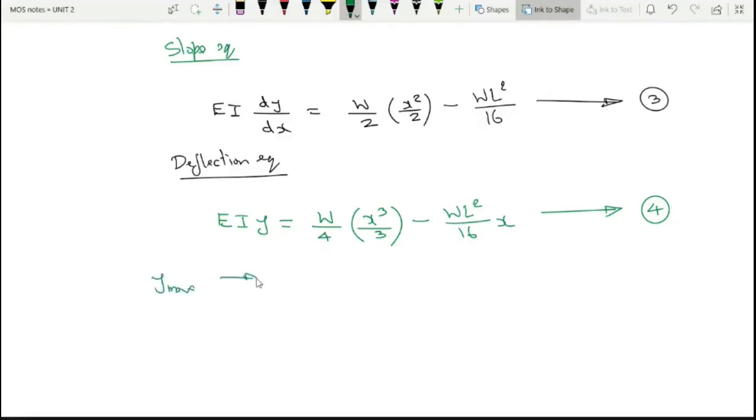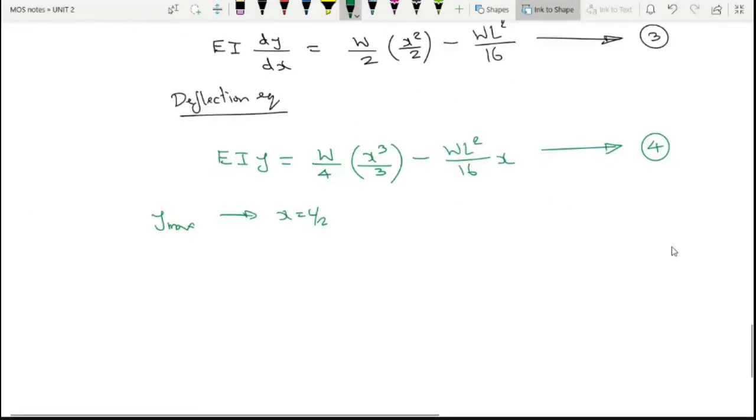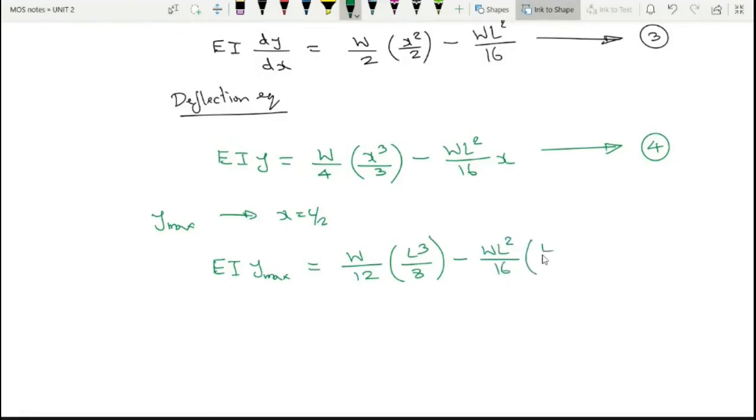Now, similarly, if I want maximum deflection, I get maximum deflection when x is equal to L by 2. Substitute in equation 4, you will get EI y max is equal to W by 12 into L by 2 the whole cube. You will get L cube by 8 minus WL square by 16 into L by 2.